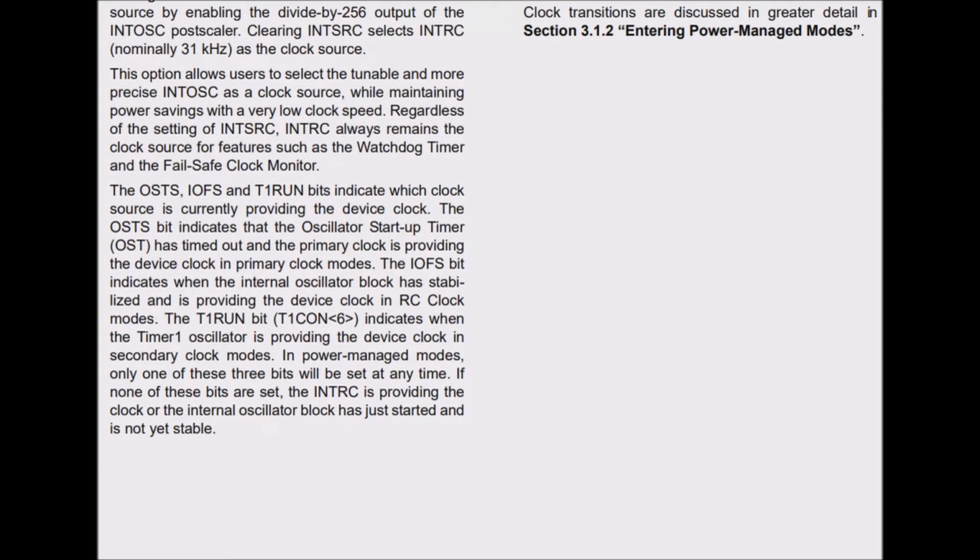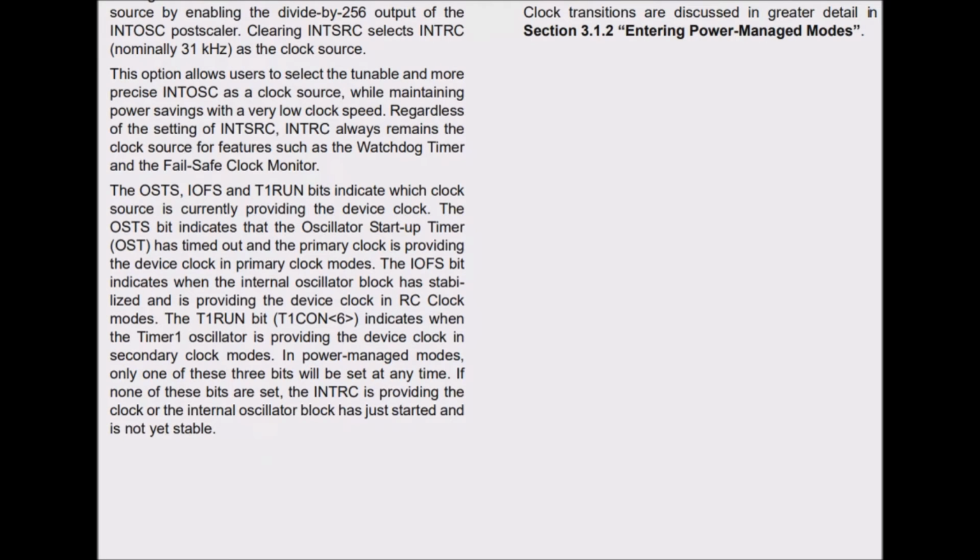The OSTS, IOFS, and T1RUN bits indicate which clock source is currently providing the device clock. The OSTS bit indicates that the oscillator start-up timer, OST, has timed out and the primary clock is providing the device clock in primary clock modes.